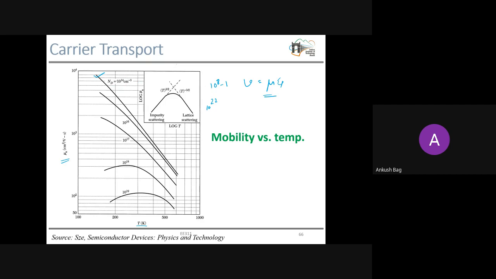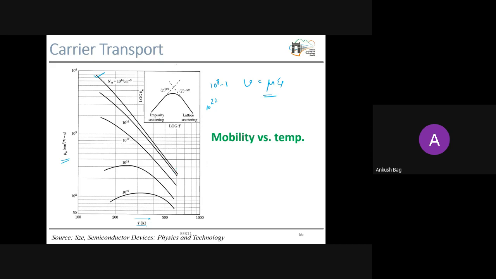At this doping level, if we increase the temperature of the semiconductor doped with 10 to the power 14 dopant, we'll see that whenever we increase the temperature, the mobility will decrease. So what is the problem if mobility decreases?